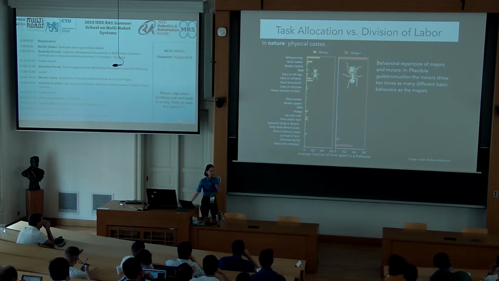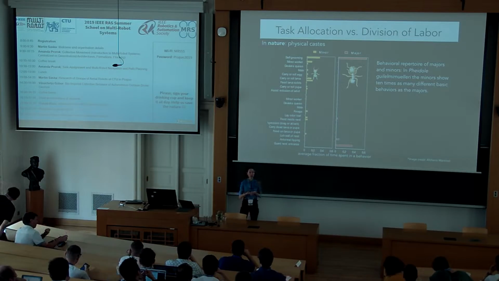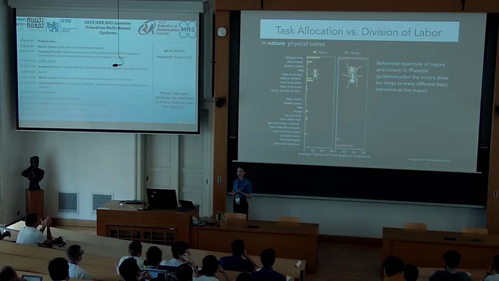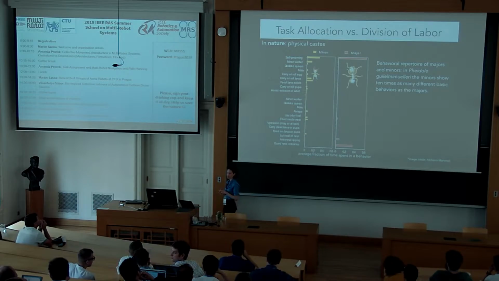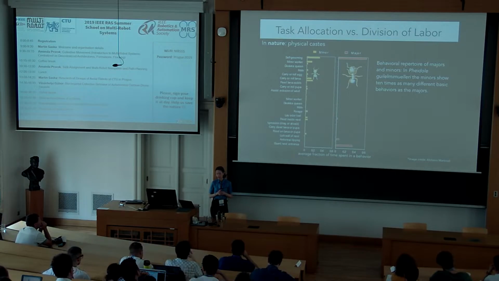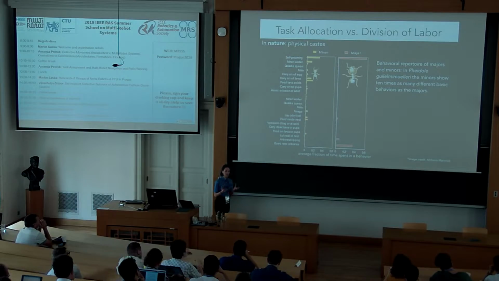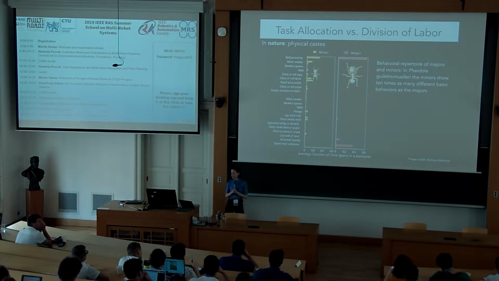So where does the motivation for task allocation and task assignment actually come from? In nature, task assignment and task allocation is one of the most fundamental concepts of organizing colonies of social animals. For example, for this ant species, they grow into two different castes as they evolve.